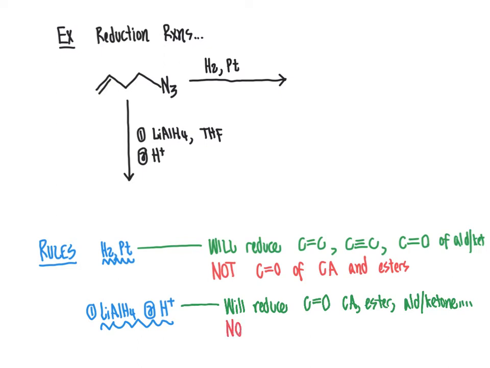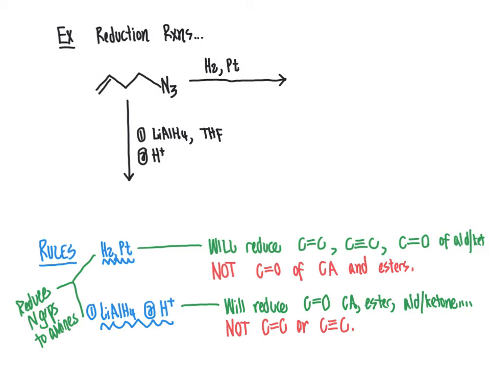However, lithium aluminum hydride will not reduce carbon-carbon bonds. So it will not reduce alkenes, and it will not reduce alkynes. So we have to keep these guidelines in mind as we carry out these reduction reactions with our two reducing agents that we recognize will both reduce nitrogen-containing groups to amines.